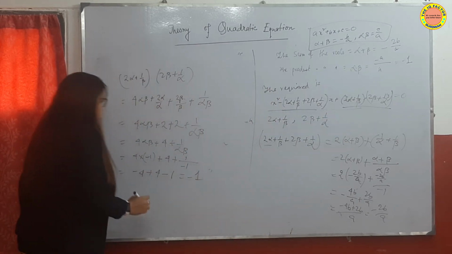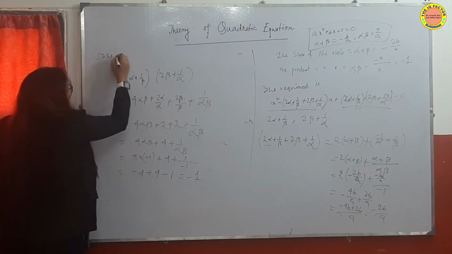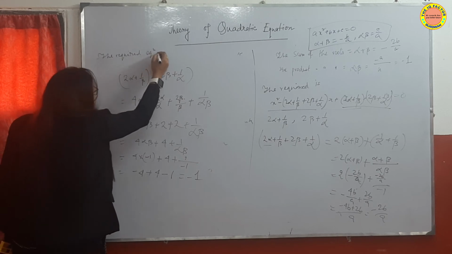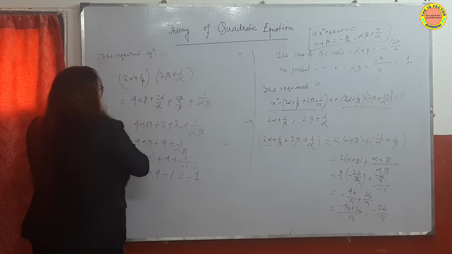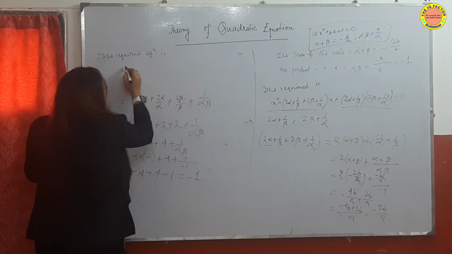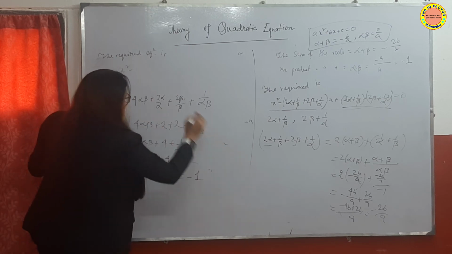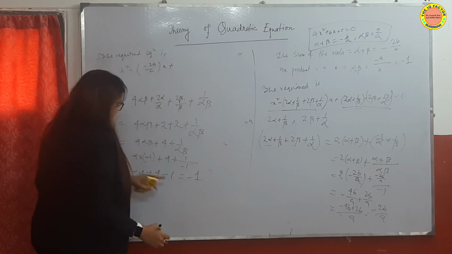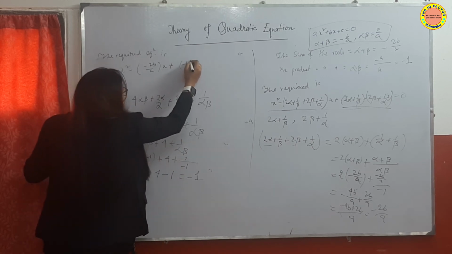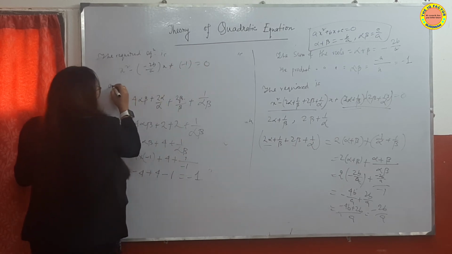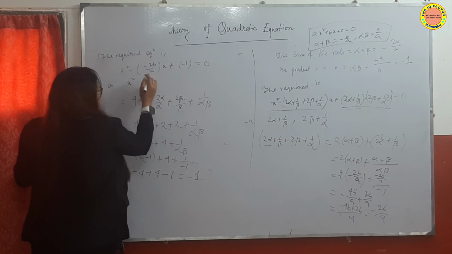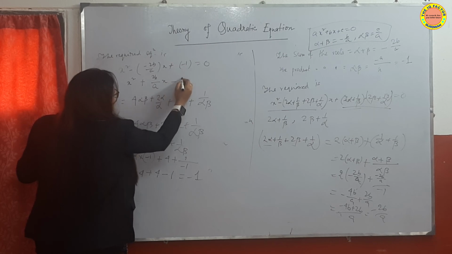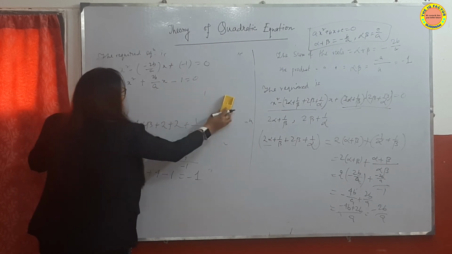What is the required equation? The required equation is x square minus sum of the roots, that is minus 2b by a, into x, plus product of the roots, that is minus 1, is equal to 0, which is x square plus 2b by a into x minus 1 is equal to 0.